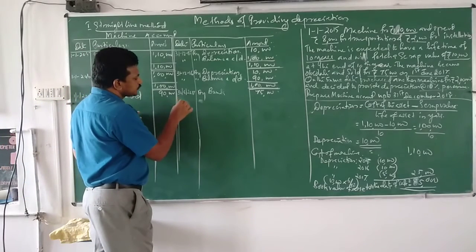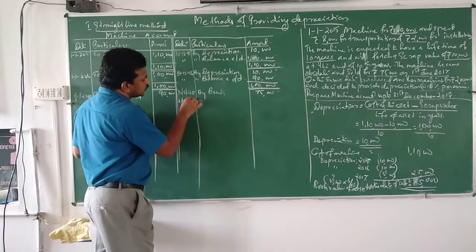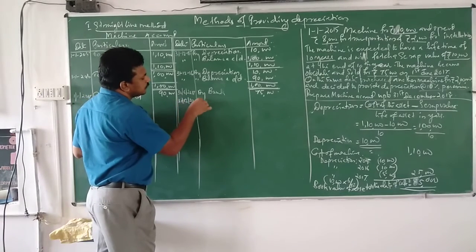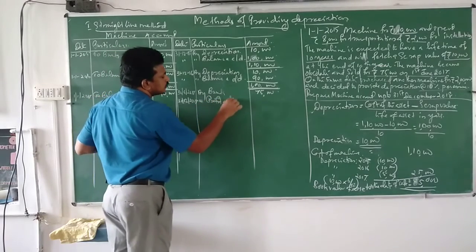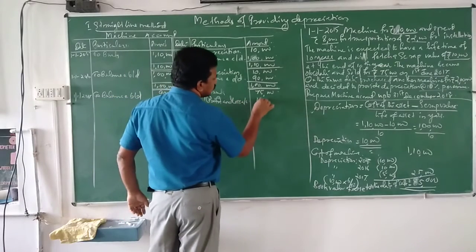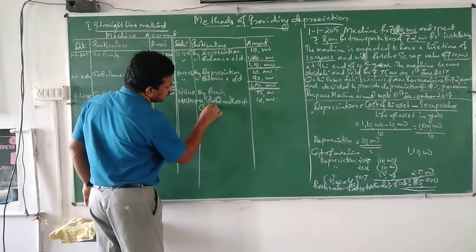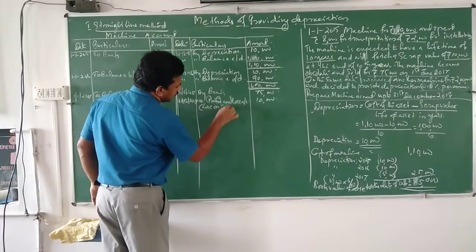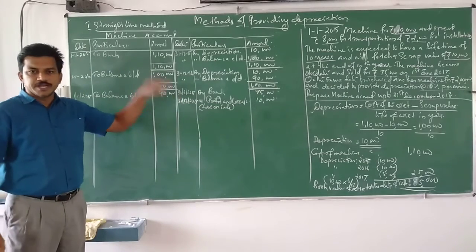That means 31/12/2017, by profit and loss account. How much? 10,000. This is the loss on sale. That will be at the end of the year.